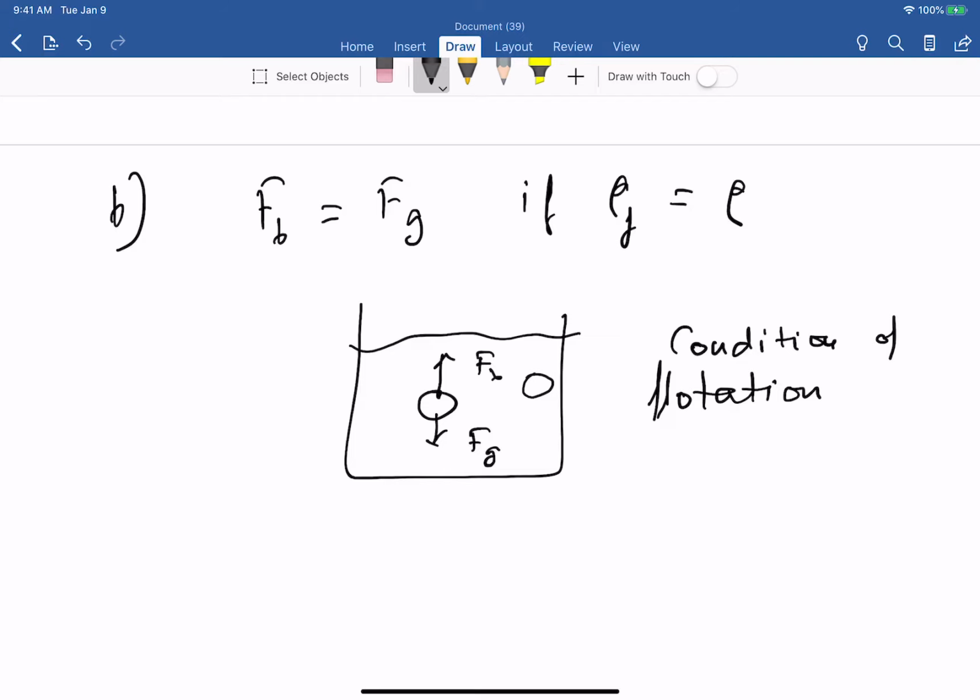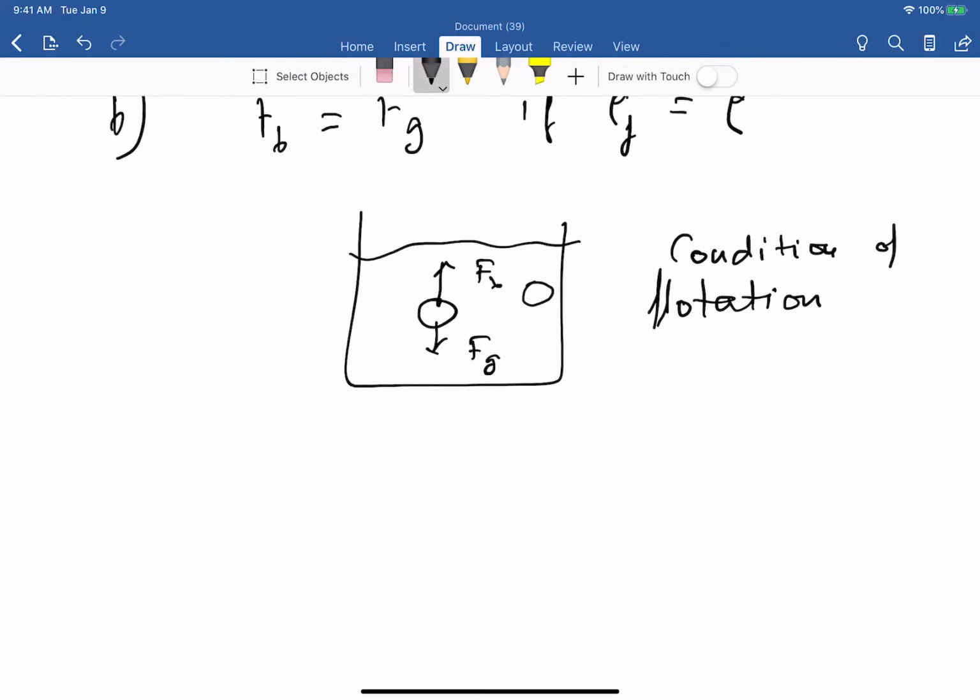An object is said to be floating when its buoyant force and gravitational force are exactly the same, and it does not necessarily mean the object has to float with a part of it sticking outside. That's what we normally think of as floating, but flotation really means that the buoyant force and the gravitational force are equal. So this is one example of flotation.